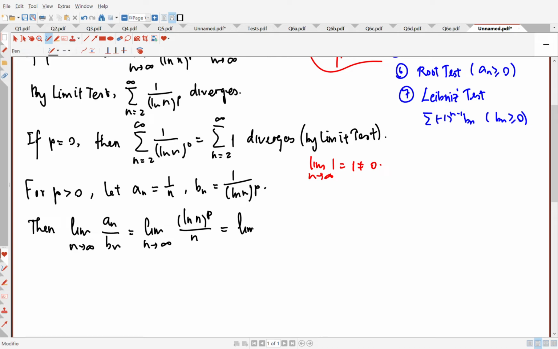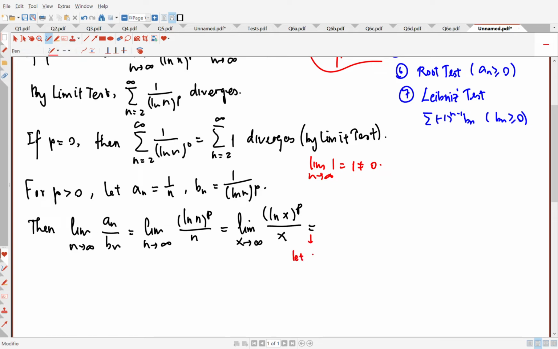So let's change the n to x. Okay, and I will make this substitution.